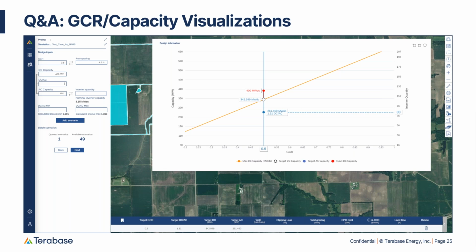So PlantPredict currently does row-to-row module shading, and we have a 2D calculation model that understands your sun position in the sky and how that is relative from one row to the next row. It understands, based upon the ground coverage ratio, how much space is there, and it will calculate the amount of shade that's going to come from one row to the next row. This has been part of PlantPredict for a long time. It's core to energy modeling.